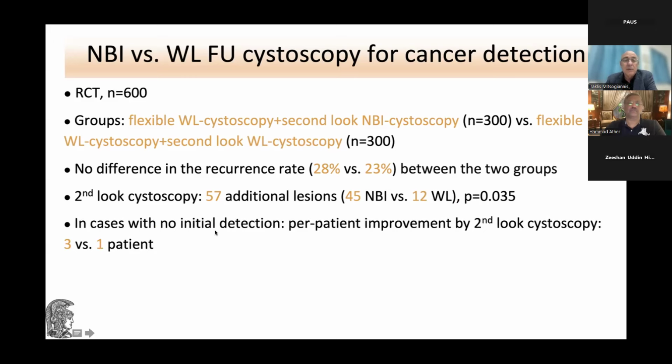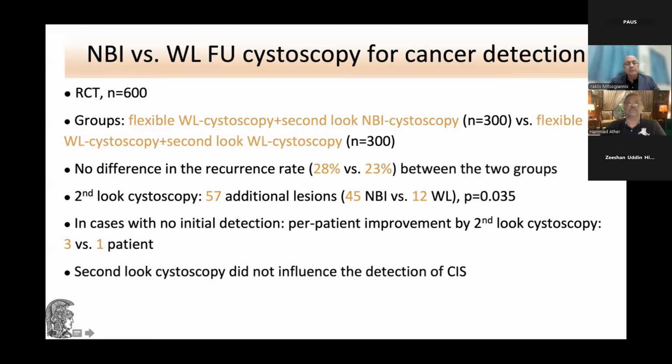But in cases with no initial detection, the per patient improvement by the second look cystoscopy was very small. So in cases where there was no detection of tumor during the first cystoscopy, the second cystoscopy, either with narrow band imaging or the white light, did not reveal a substantial number of recurrences.